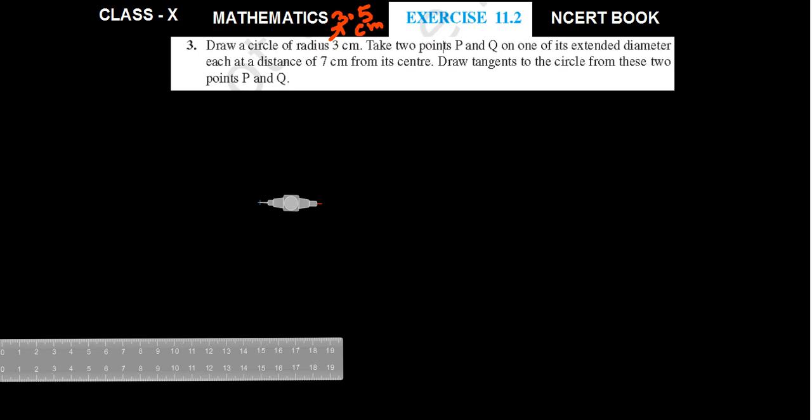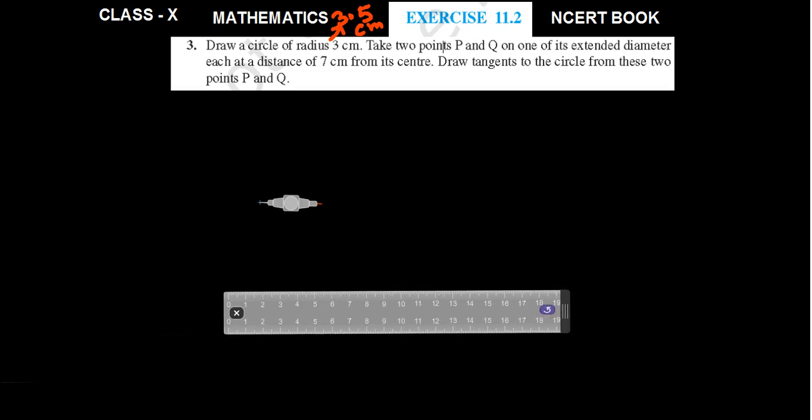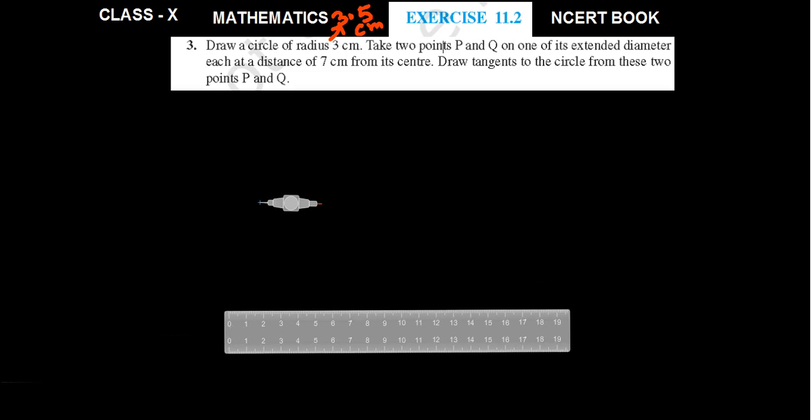But in your case, you will have your physical compass and a scale, so with that physical compass you can easily take a 3 centimeter radius. Now let's draw a circle. Actually in the question it is 3 centimeter, but I am drawing this circle of radius 3.5 centimeter.